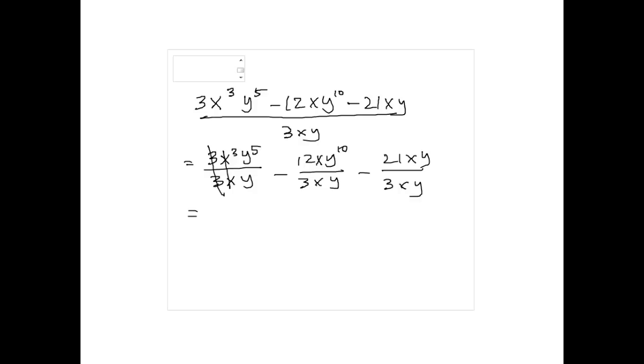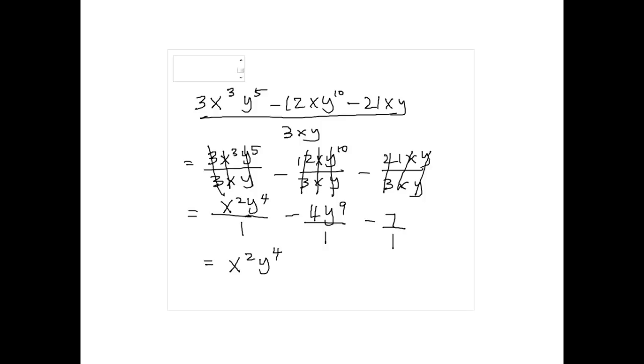So 3 has been cancelled, so we have x squared on top and y to the 4th power on top, and we have 1 on the bottom. Minus 3 goes into 12 4 times, and x is gone, and we have y to the 9th power on top, and we have 1 on the bottom. Minus 3 goes into 21 7 times, and x and y have been cancelled, so we have 7 over 1. So the answer is x squared times y to the 4th power minus 4y to the 9th minus 7.